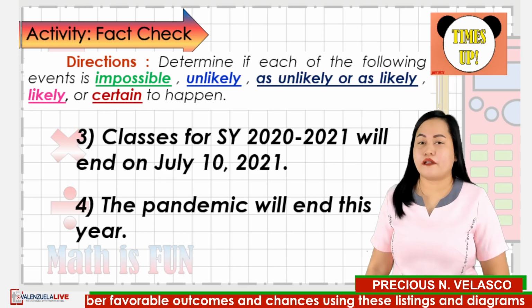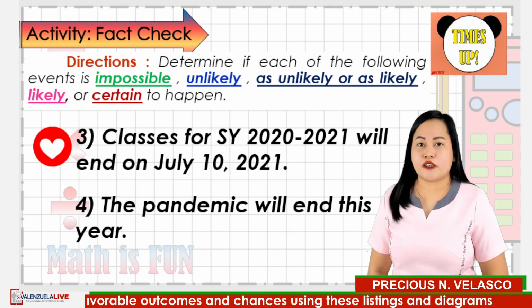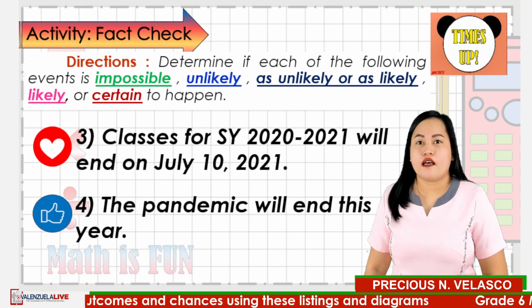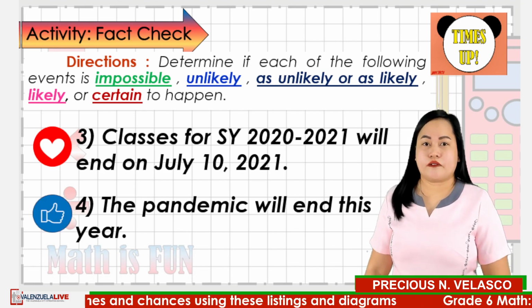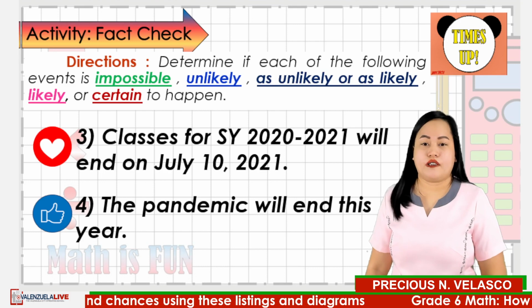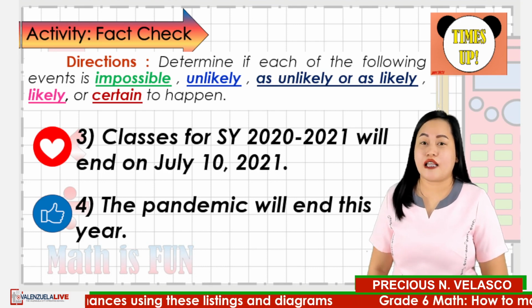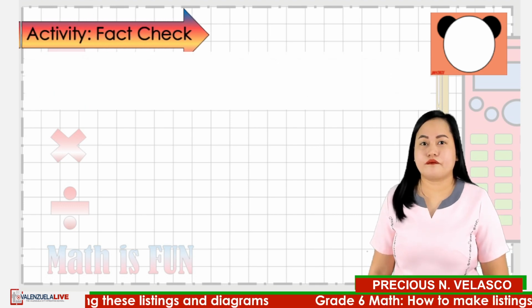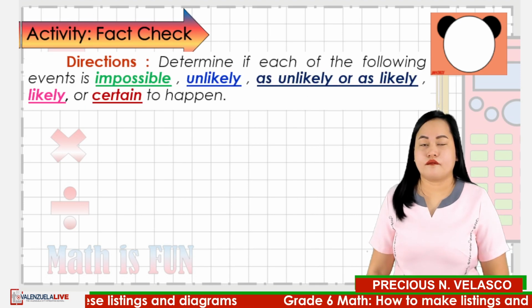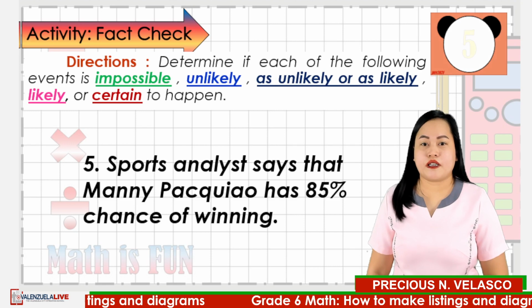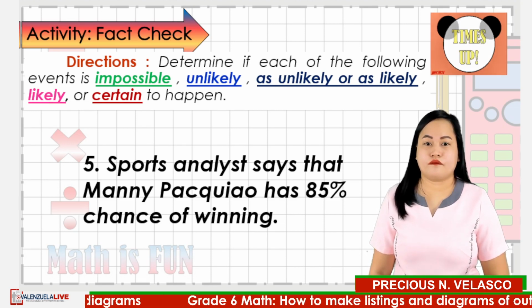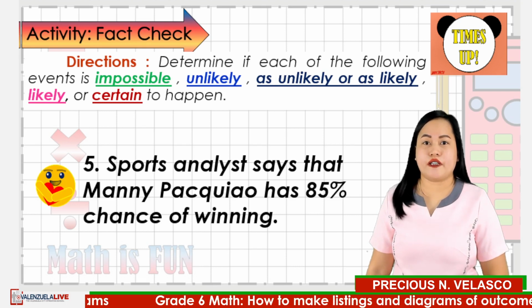Okay, time's up. So the third statement is certain, and the fourth one is likely. Next, for the last statement, five seconds. Okay, so the answer is likely.